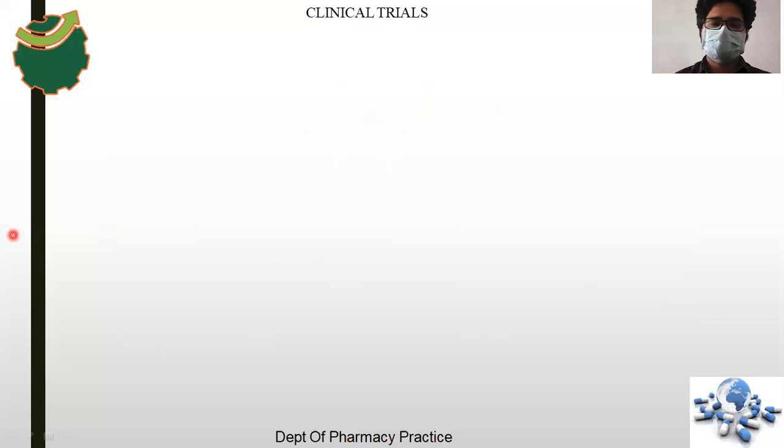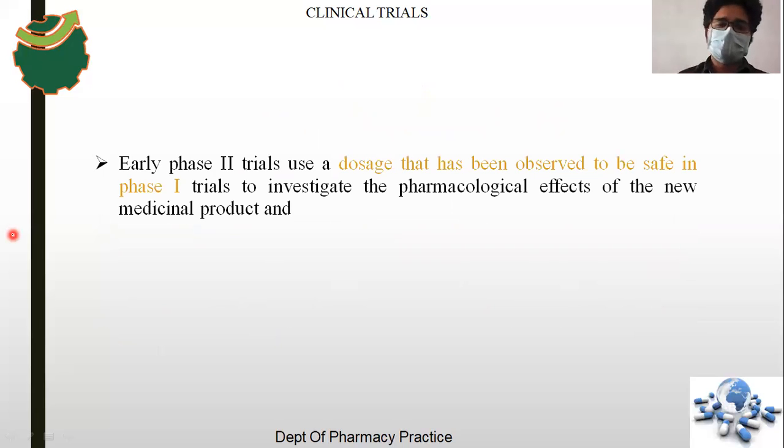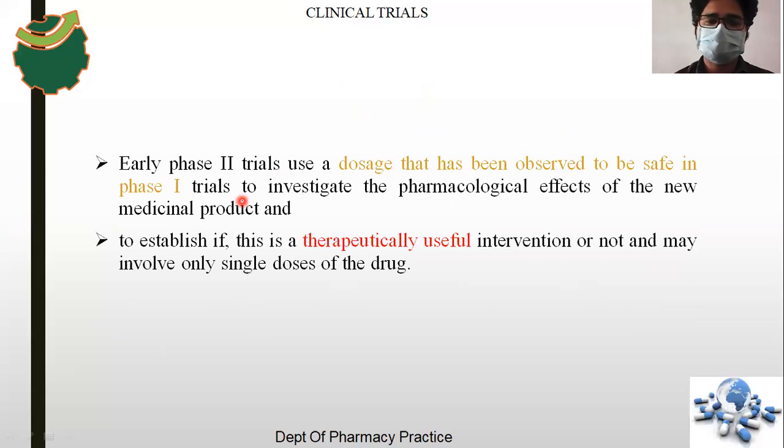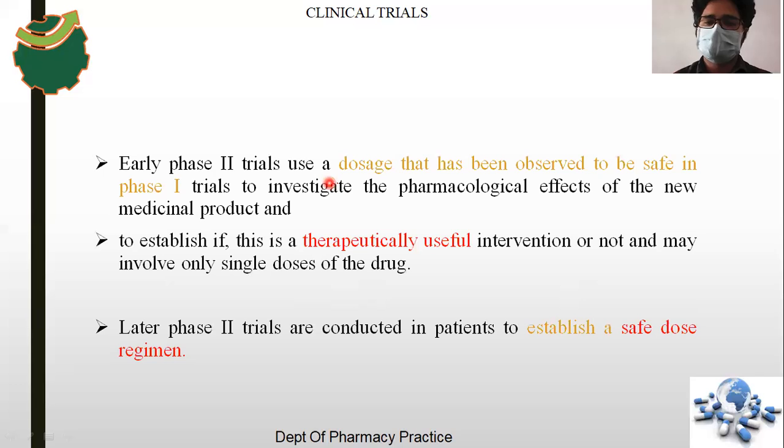The next one is, yeah. Early phase 2 trials use doses that have been observed to be safe in phase 1. So whenever we dose in phase 1, we'll be dosing based upon the data we got from preclinical studies, right?